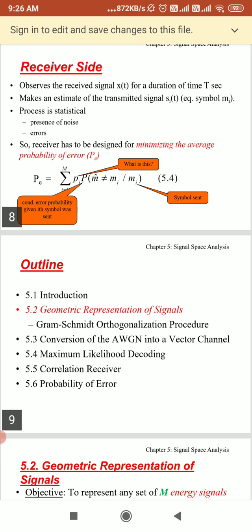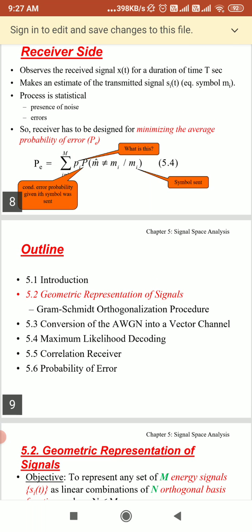So we can say the transmitter produces a vector of real numbers. We can take Si equal to, in a column matrix, Si1, Si2 up to Sin, where i is equal to 1 up to m. But if you see, n's value will be less than or equal to m.